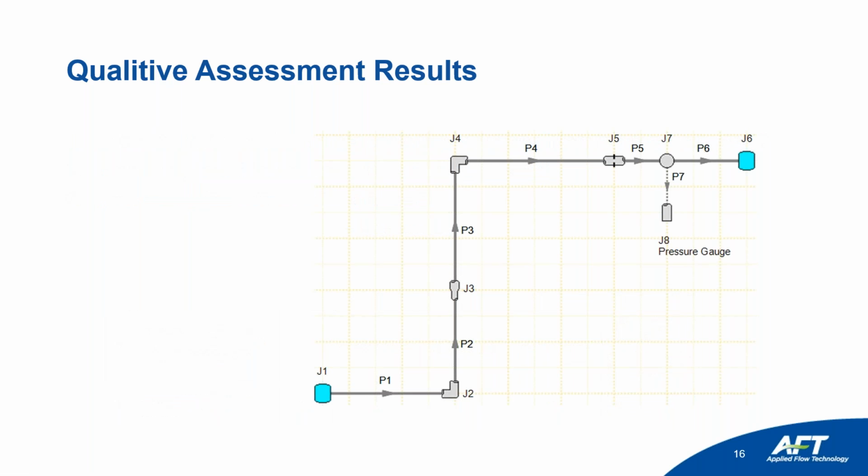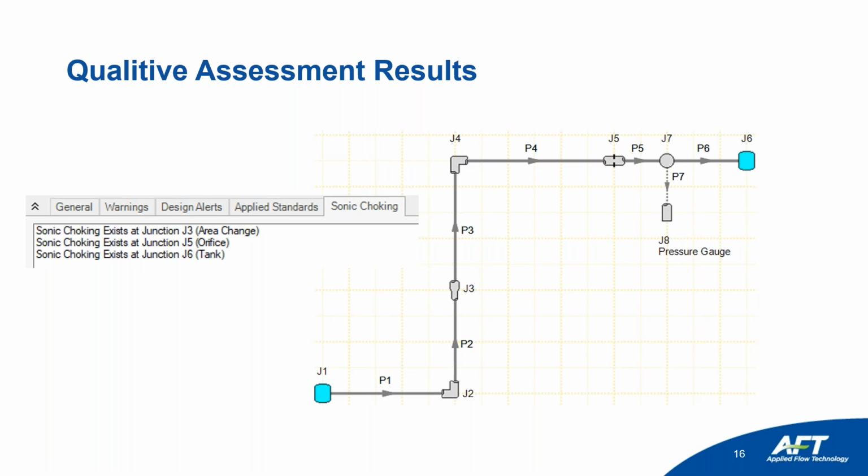So the results. From the model, we get that sonic choking is occurring. It's occurring in junction J3, the expansion. It's also occurring on the orifice, and it's also occurring at the tank. So I'll bring up Arrow.